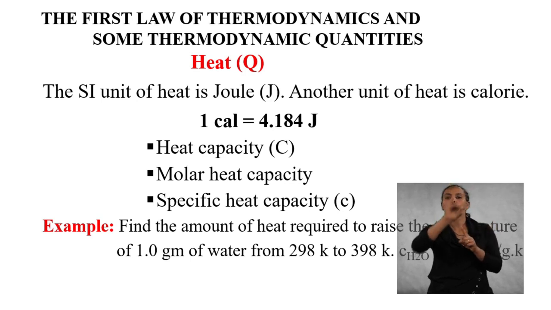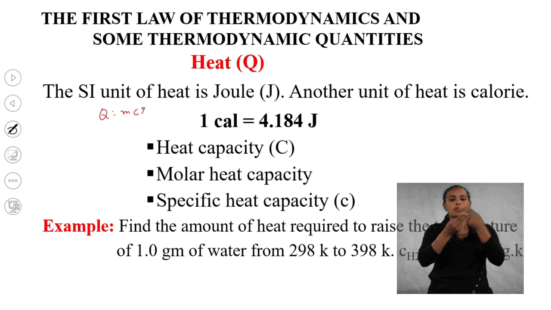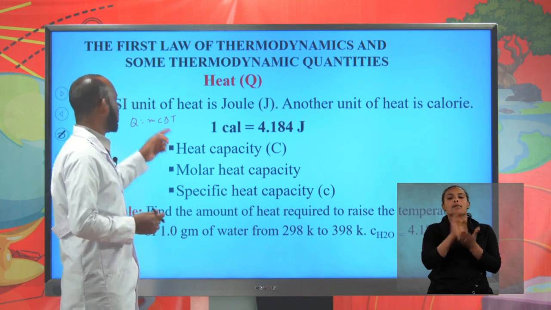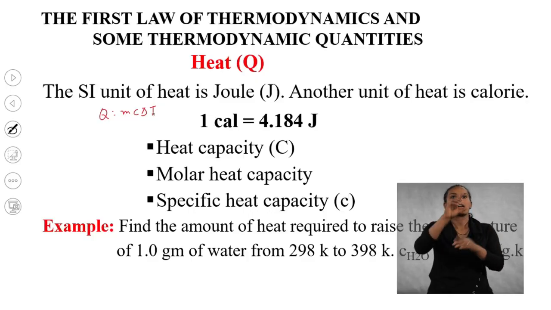We can calculate heat of a substance using the formula Q equals M times C times change in temperature, where M is mass of the substance, C is specific heat capacity, and delta T is change in temperature.